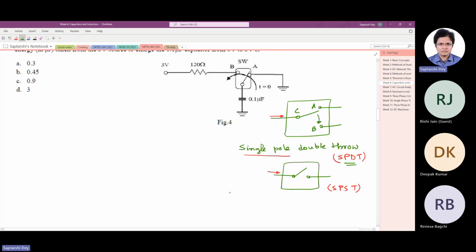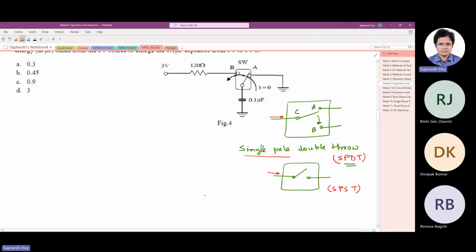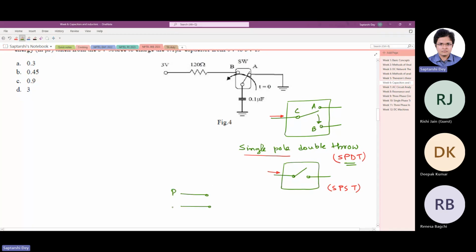Now there are double pole switches also. Say for example, you may have this kind of MCB at your home. So one of them is connected to the phase, say, and the other one is connected to the neutral.